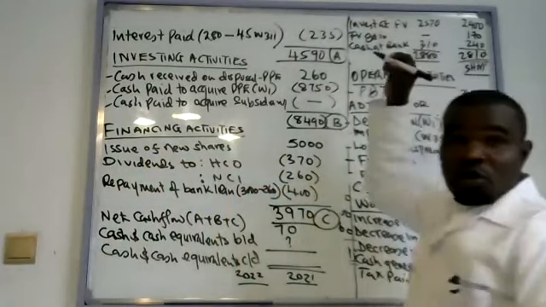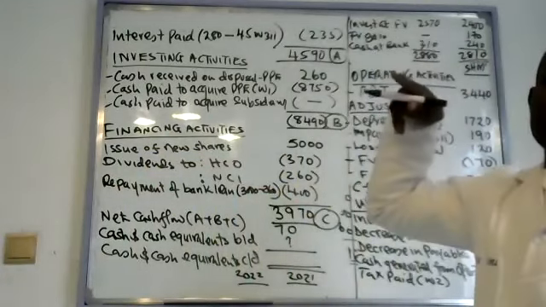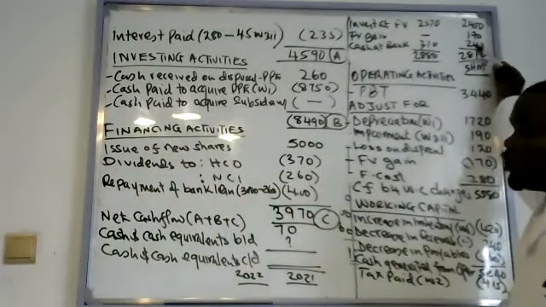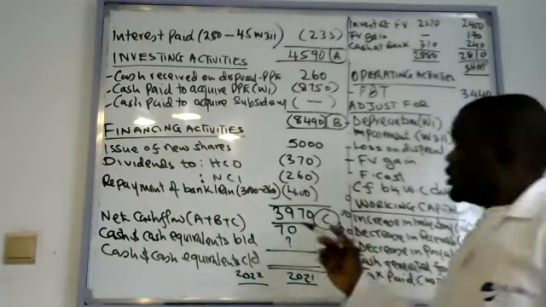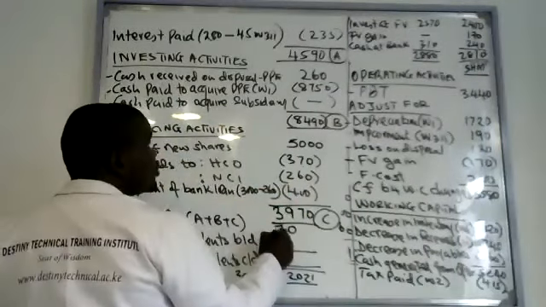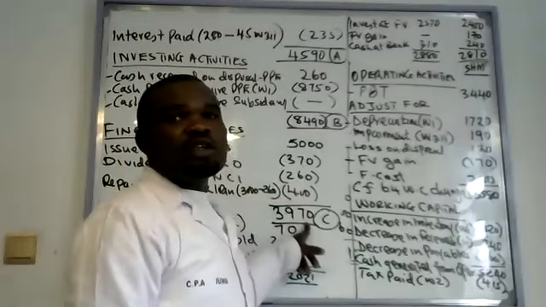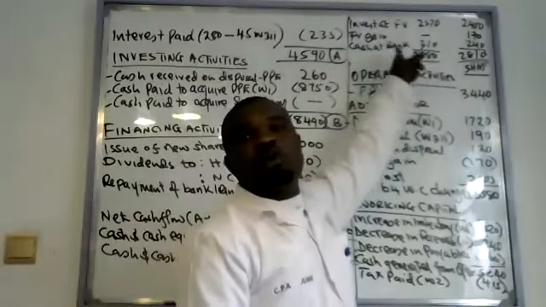So now, when you want to know that you are correct in cash flow, you take this one. They brought down 2021, you bring it here, 2810. When you add 2810 to 70, will you get your carried down?